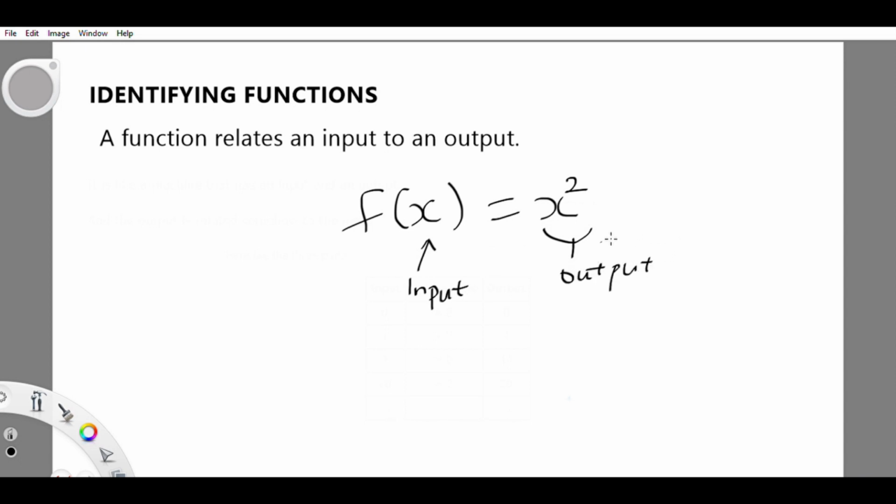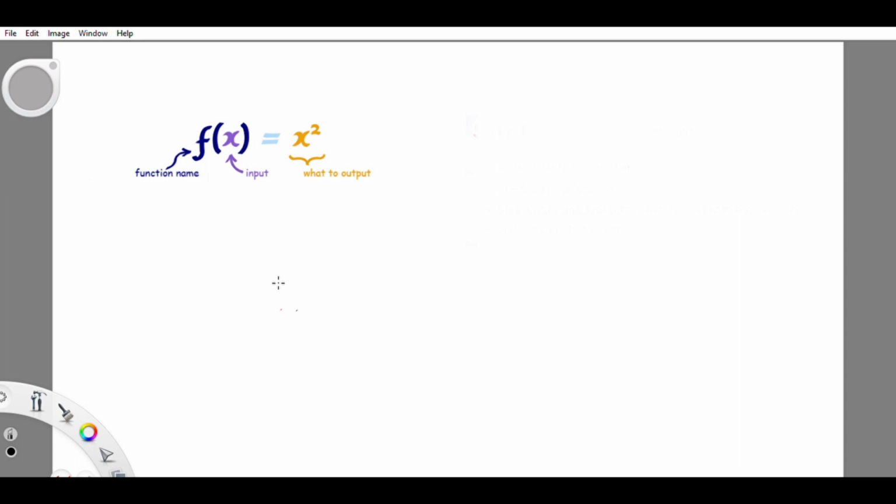So whatever we get from this is the output, and the squared is the relationship. The f in the function is called the function name, while this again is the input, and this is what gives the output. So whatever we get from x squared is the output.